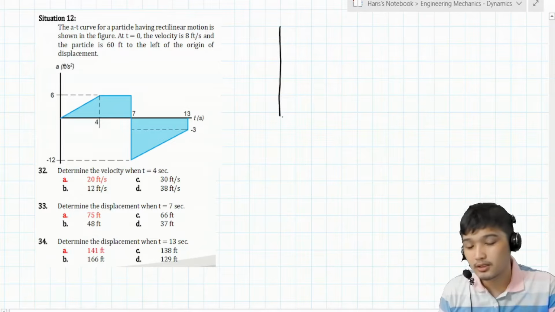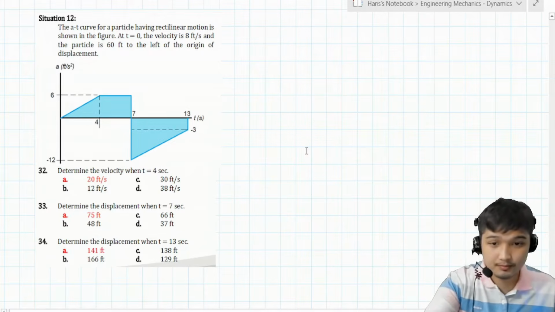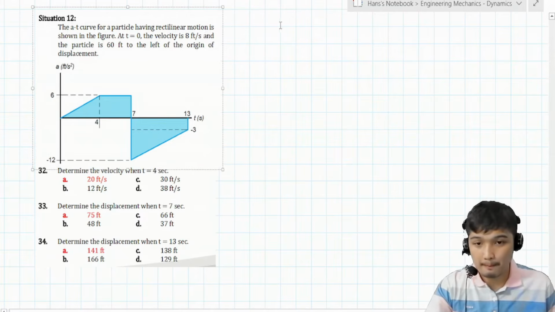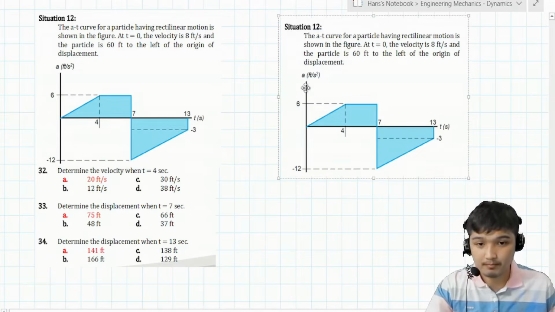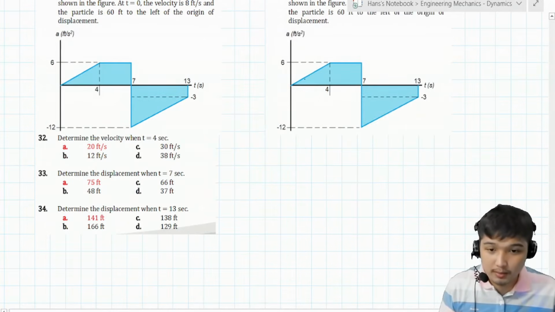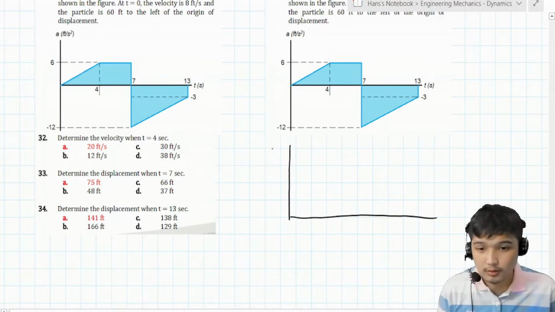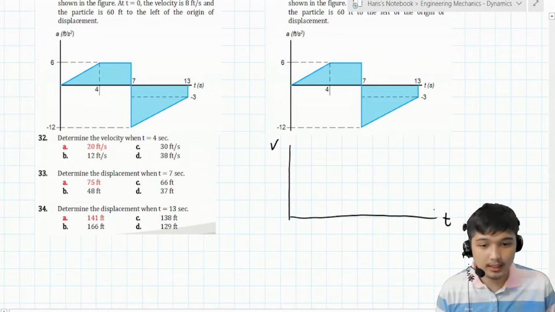Copy ko na lang siguro, guys. Ayan. Okay, dito tayo mag-drawing sa baba. So, this one is the velocity time diagram.